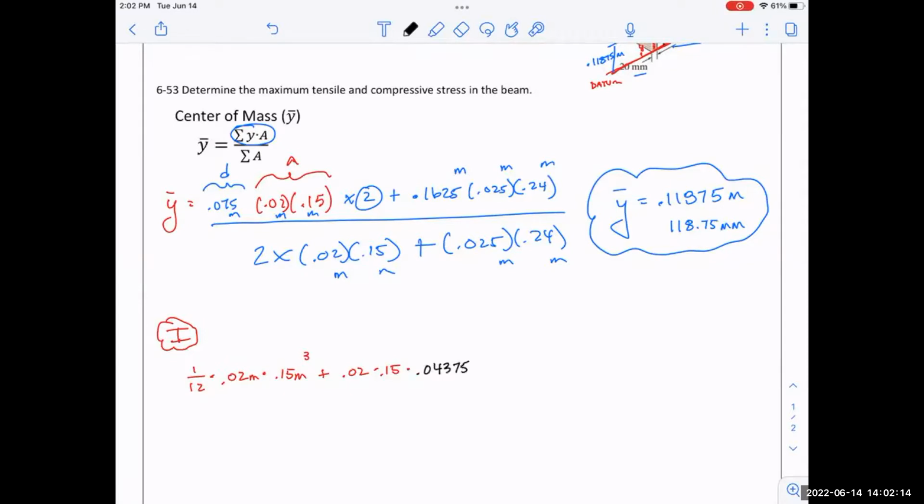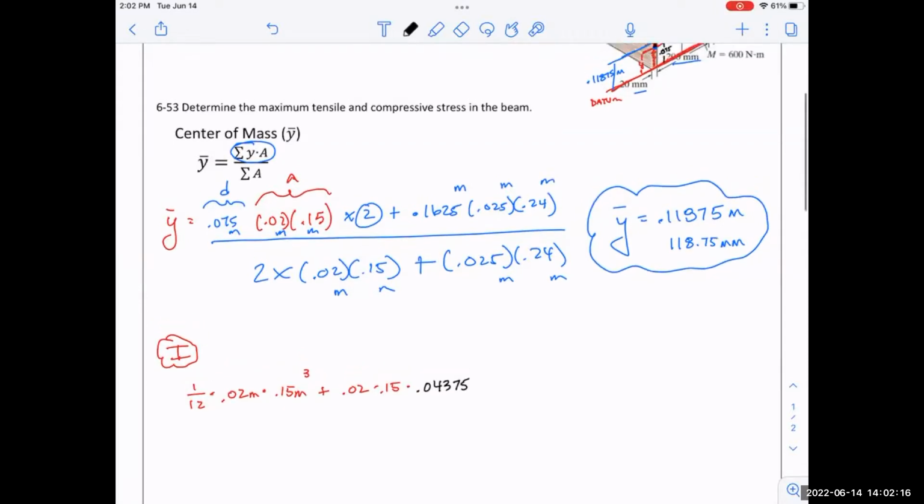We're measuring from the bottom up. So this is like the distance from the center of mass of our rectangle. Because remember, that's how it's defined. Like, where is that rectangle located? It's located based on its center to the neutral axis.